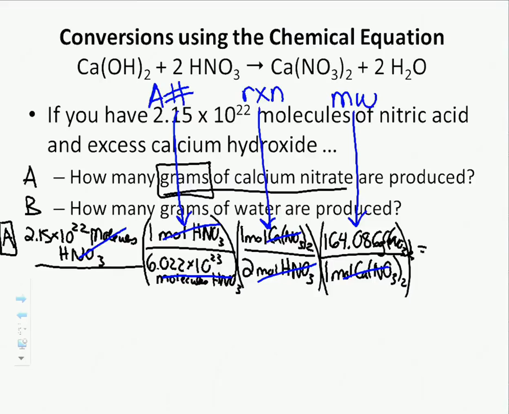We end up with 2.93 times 10 to the 0. And our units on that are grams of calcium nitrate.